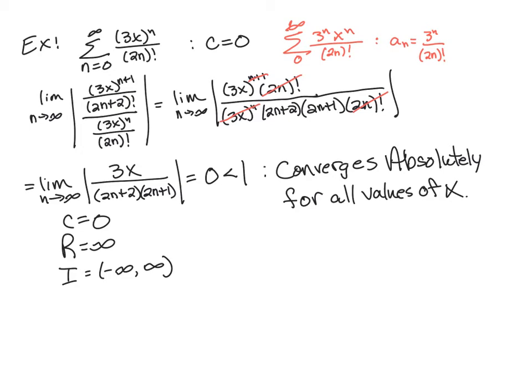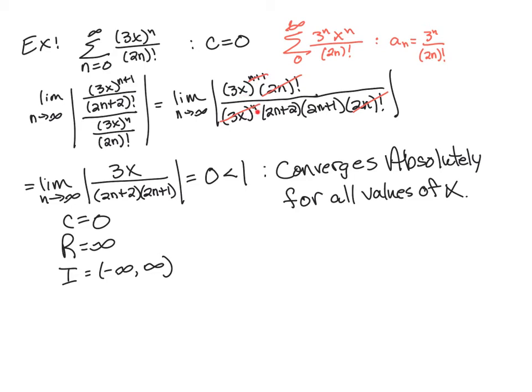I'm not going to separate it when I work it because I don't have to. All right, here we go. We've got the original in the denominator. I add 1 to that power to get that. I add 1 to the n to get this. I'm going to invert the bottom and multiply. So the denominator swings up to the top, and I get the 2n factorial up here. This 3x to the n is going to go into the denominator from above. And so the top has the 3x to the n plus 1.